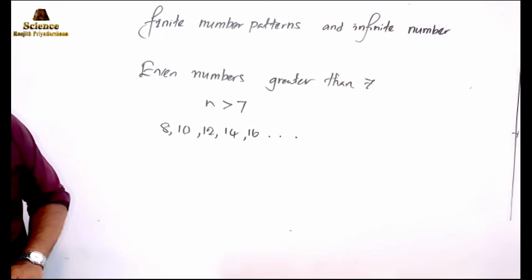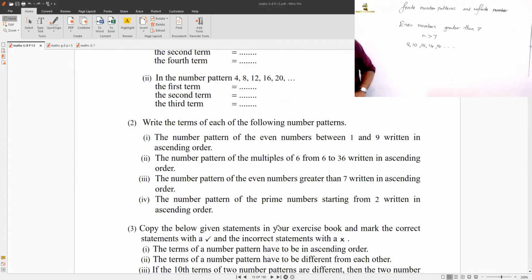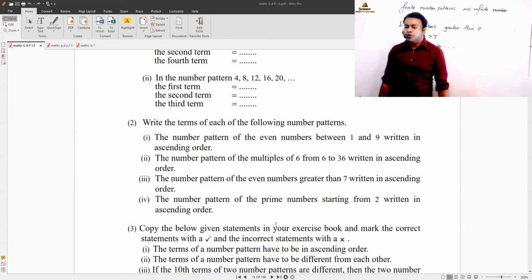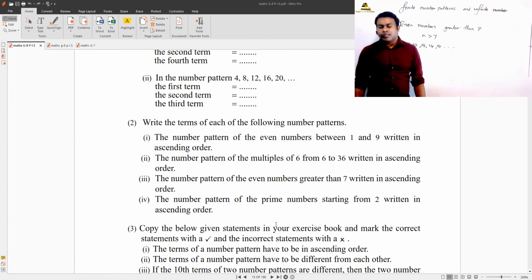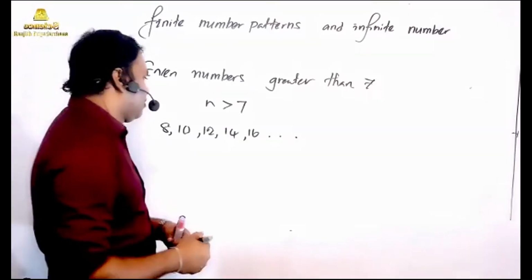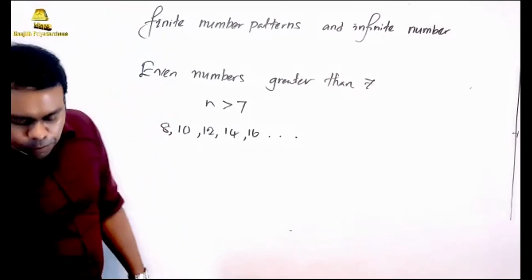I'm going to share that again. The number pattern of the prime numbers starting from 2, written in ascending order. Prime numbers, what are they? They have only two factors.